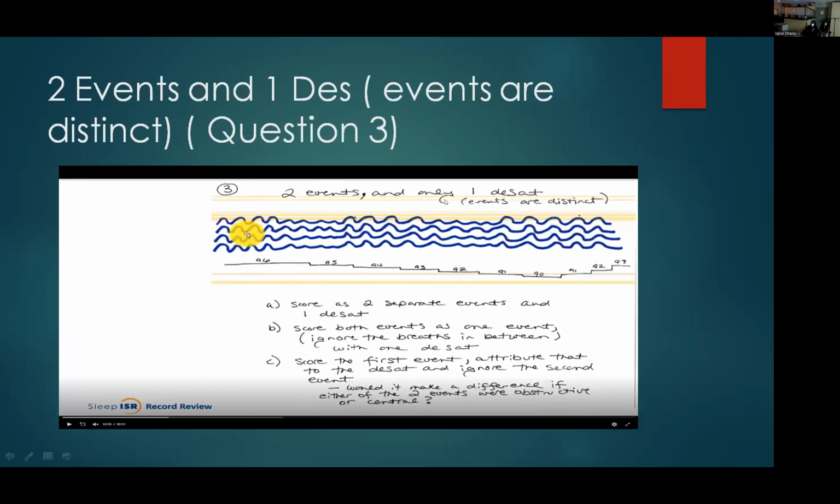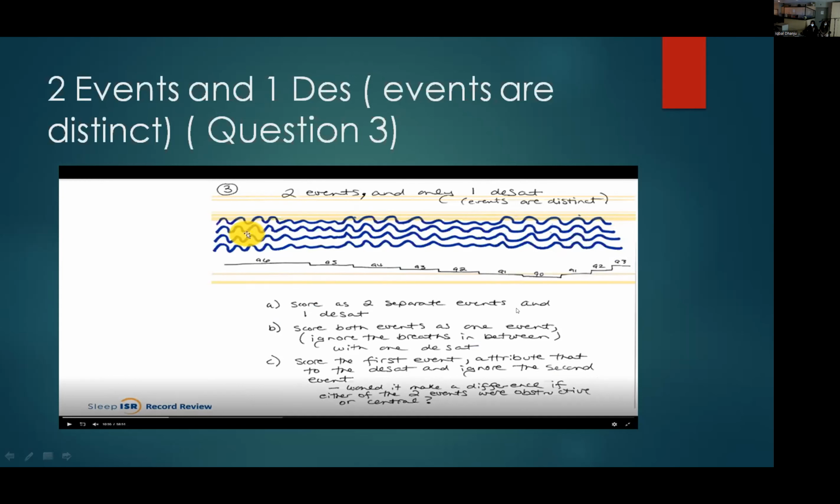And here, two events and only one desaturation, where the events are distinct. See here some flow, again a decrease in airflow, here it's gaining again and then decreasing here. But the desaturation goes from 96 to 92, 91, 90, so one.